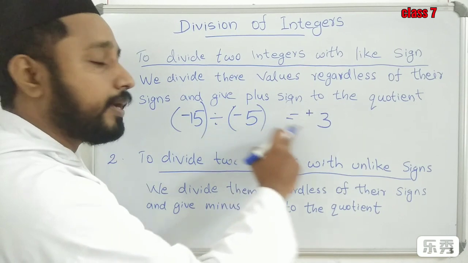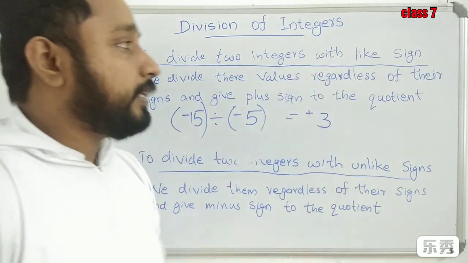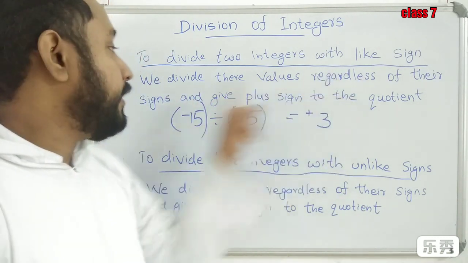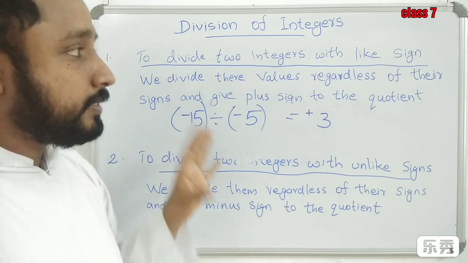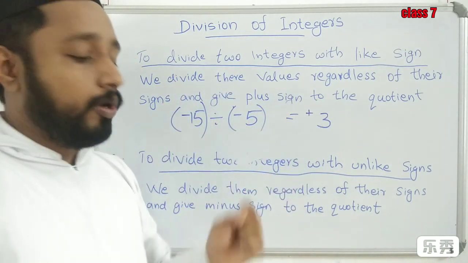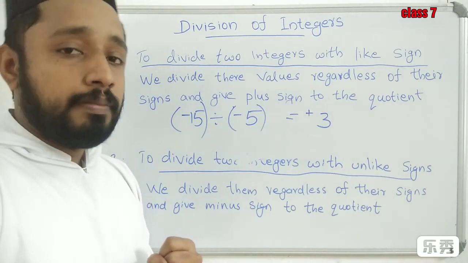Plus divided by plus, answer is also positive. So, to divide two integers with the like sign, we divide their values regardless of their signs. We consider them as whole numbers and give a plus sign to the quotient. So, we studied plus into plus, plus and minus into minus, plus.